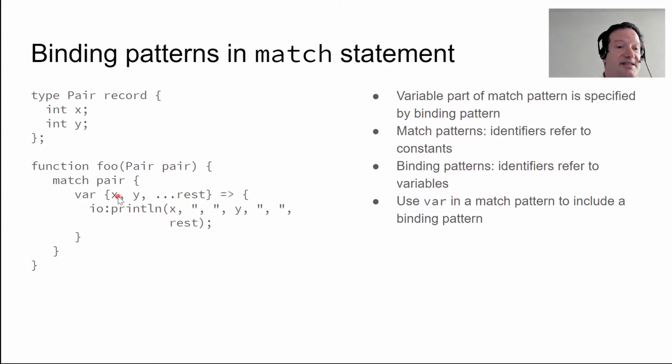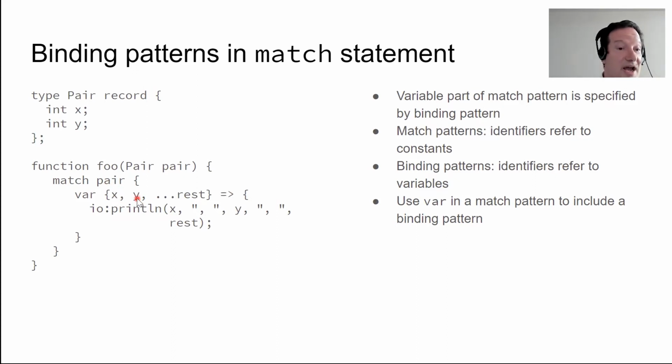So here this is an open record. It's got an X field and a Y field, and it's got some other fields. We don't know what they are. It's open. So what this will do is bind X. The X variable here will be bound to the value of the X field of pair. So we're matching it against the pair.